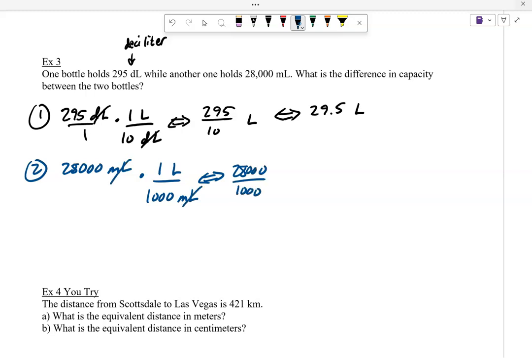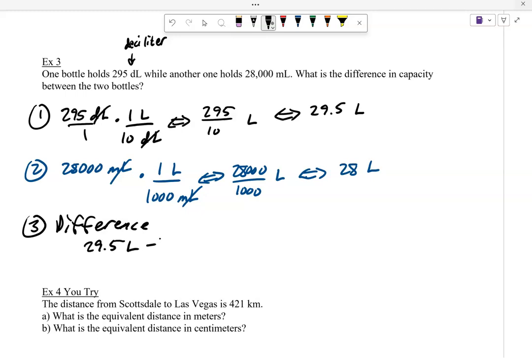Now we're in liters, so this is 28 liters. So what's our difference? Well, difference means subtract, right? That one is 29.5, the other one's 28. So it's a difference of 1.5 liters. That one is a little bit bigger, by 1.5 liters.